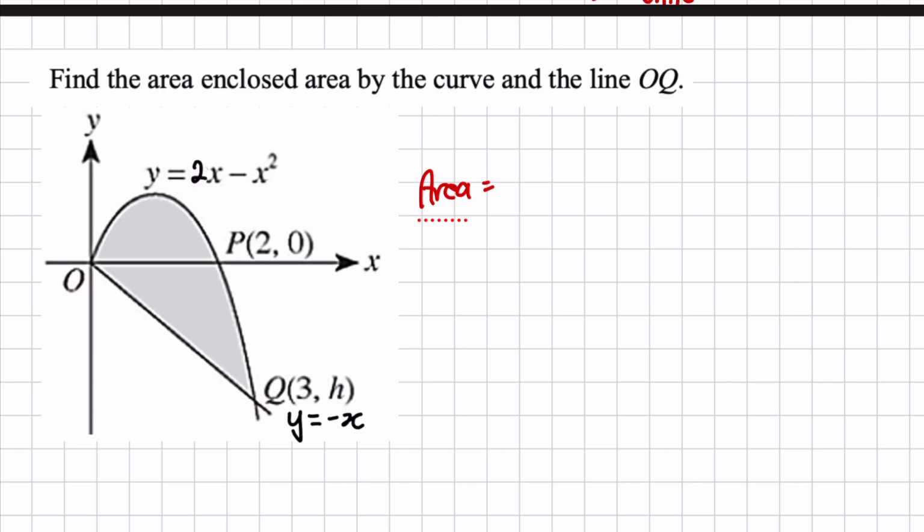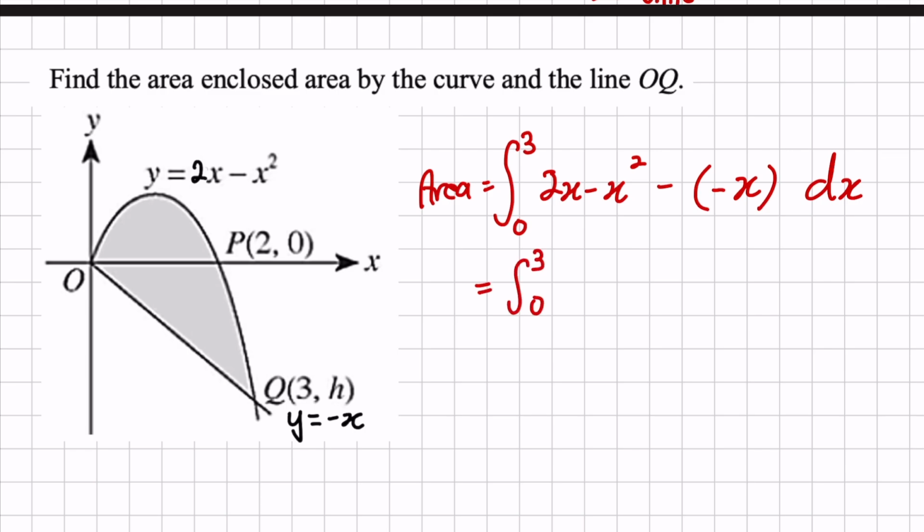So this is simply integrating from 0 to 3 the curve, which is 2x minus x squared, minus the line, which is negative x, since the curve lies above the line, dx. I can simplify this to become the integral from 0 to 3 of 3x minus x squared dx.